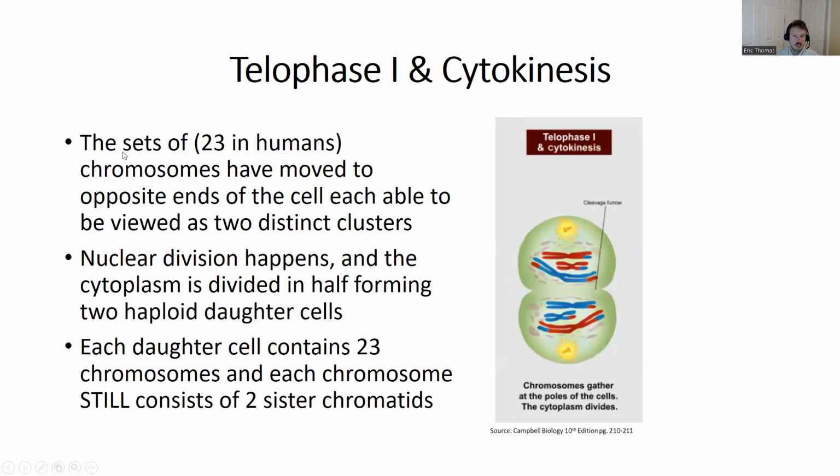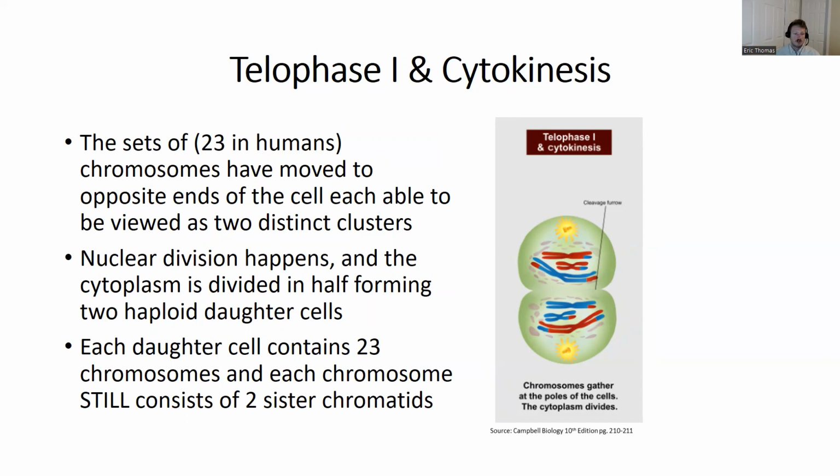All right, this is the end stage of meiosis 1, which is just part 1 of the overarching process known as meiosis. So the sets of 23 chromosomes in humans have moved to opposite ends of the cell, and they can be viewed as two distinct clusters.